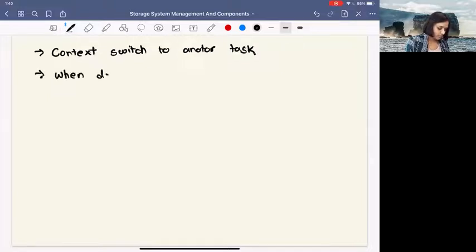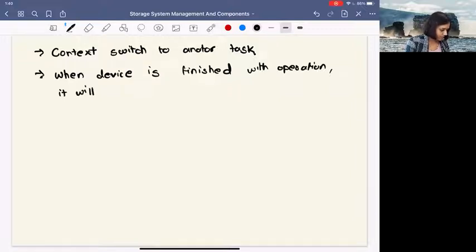Finally, when the device is finished with the operation, it will raise the interrupt.